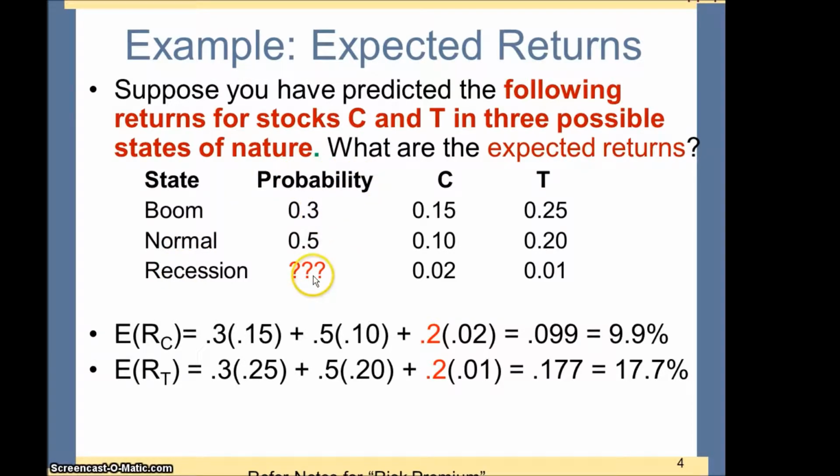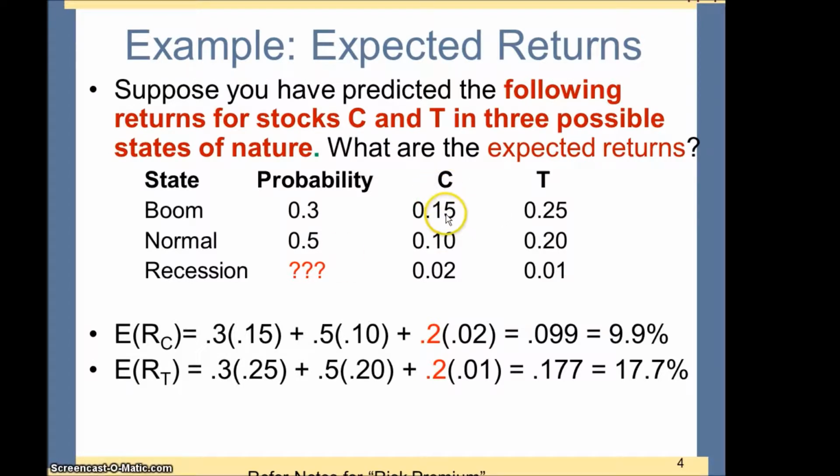The total probability must equal 1 or 100%. So here 0.3 plus 0.5 means 0.8 in total. So for the question mark, the probability for recession should equal 0.2, so that the total probability equals 1.